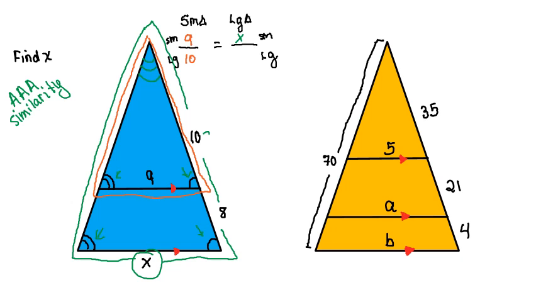Now you got to be careful here because the larger side here is 10 of the small and 8 of what's left over, or 18. And so now we're just going to cross multiply to go and find it.